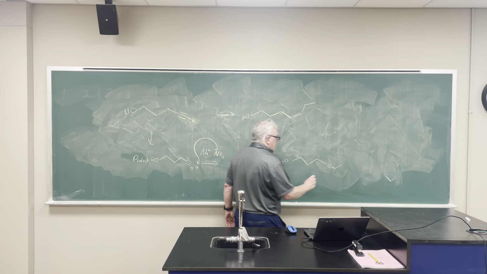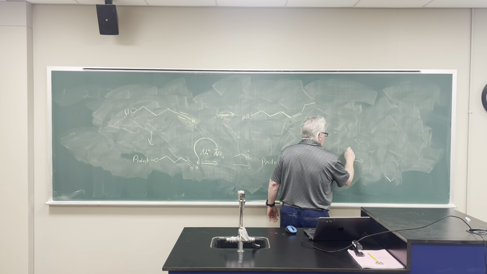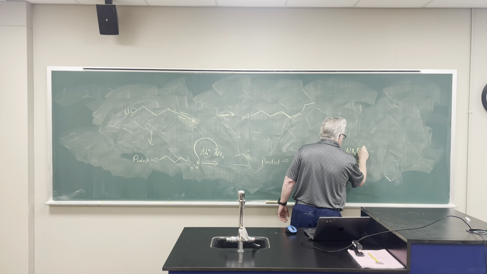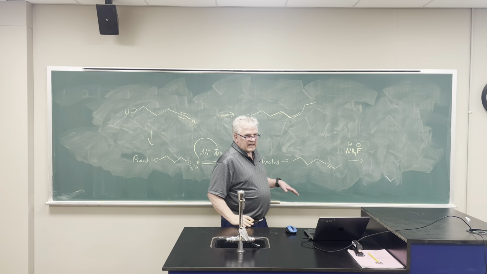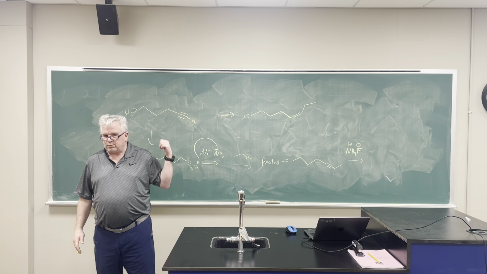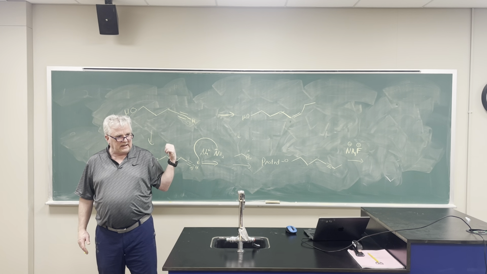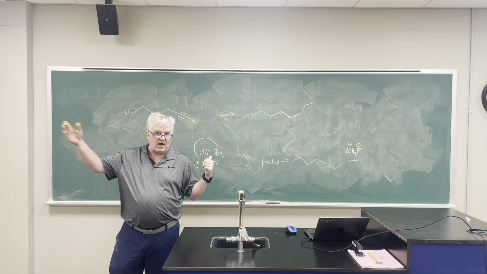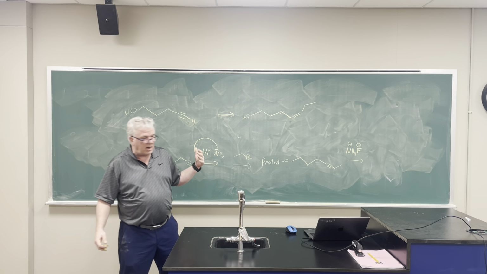Now, we deprotect it by using fluoride. Silicon loves fluoride. So when we protect this thing by making a silyl ether, when we throw the fluoride in there, it just goes and bangs the silicon, knocks off the alcohol, and we get the alcohol back.